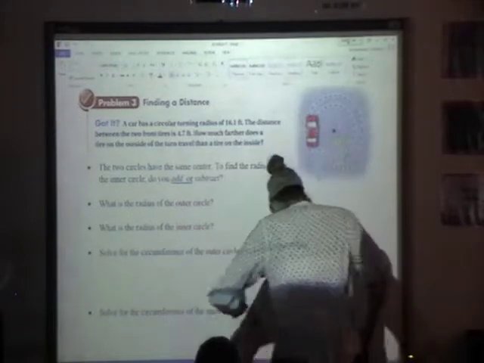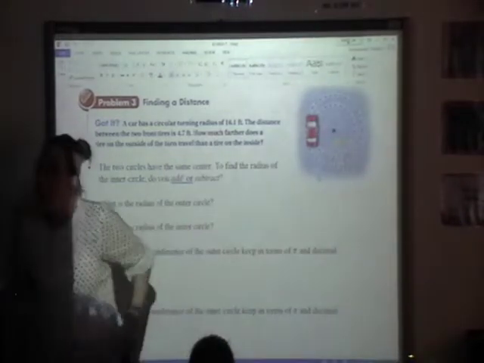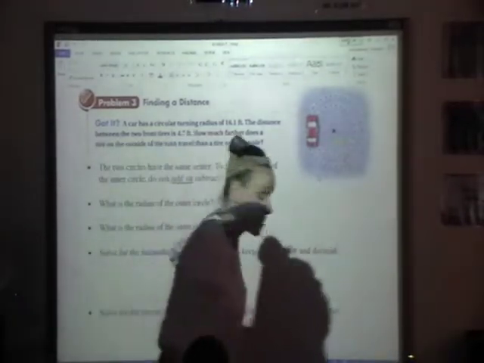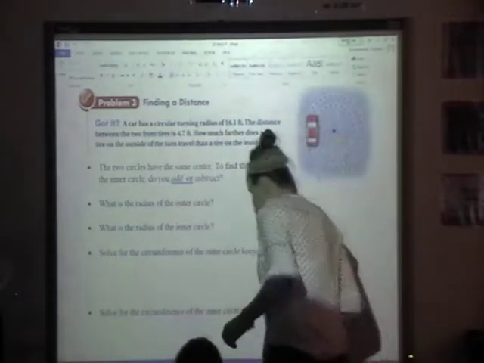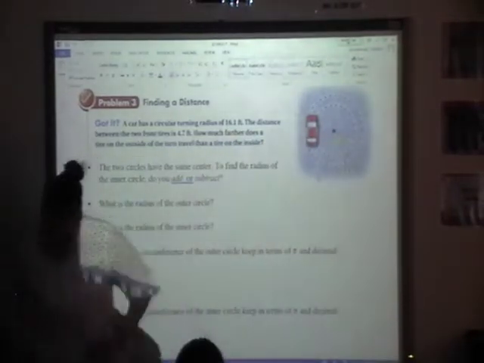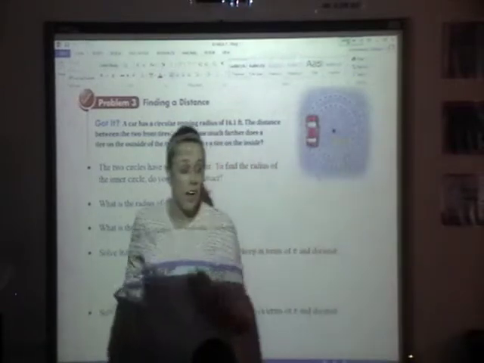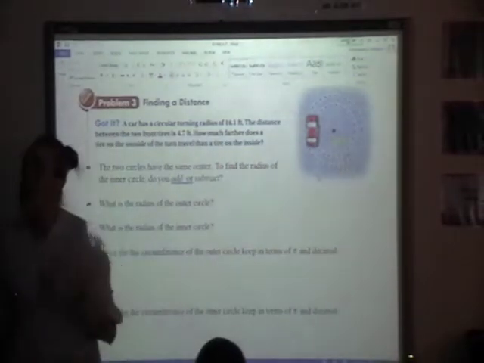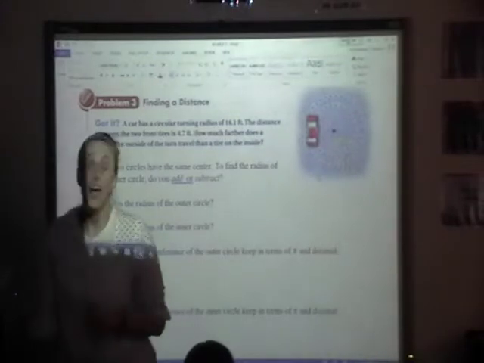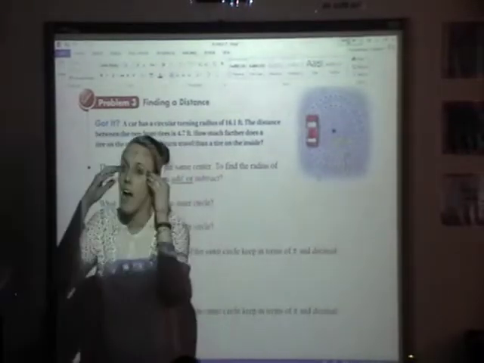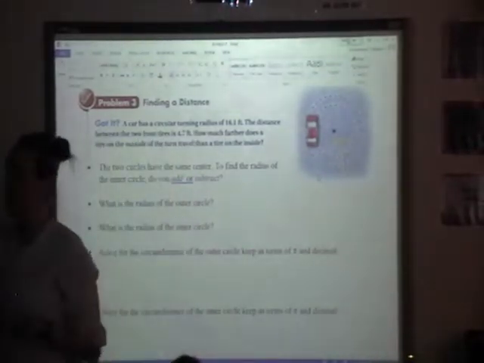That's why I'm walking like a freaking idiot. My distance on my outside leg is far more steps than my inside leg. It's like 1, 2, 1, 2. Correct. So your outside tire is going to travel further. So when we do this, we're trying to figure out how much further it travels.